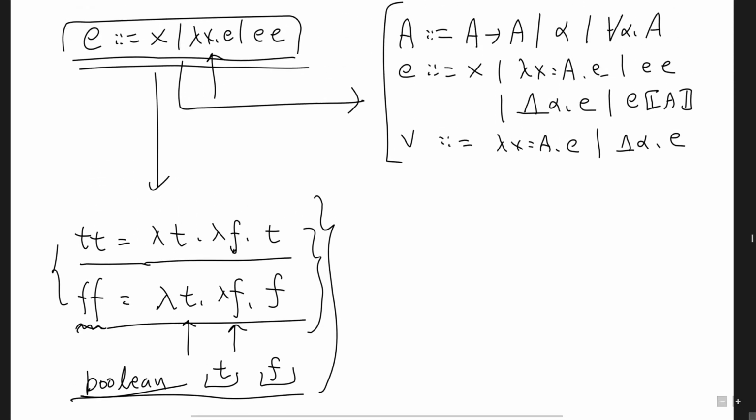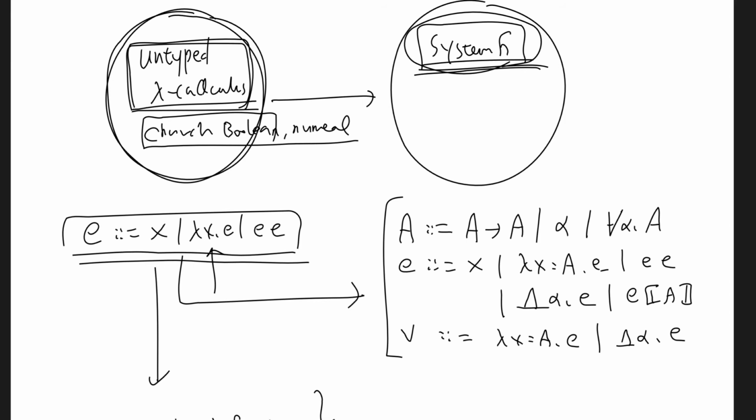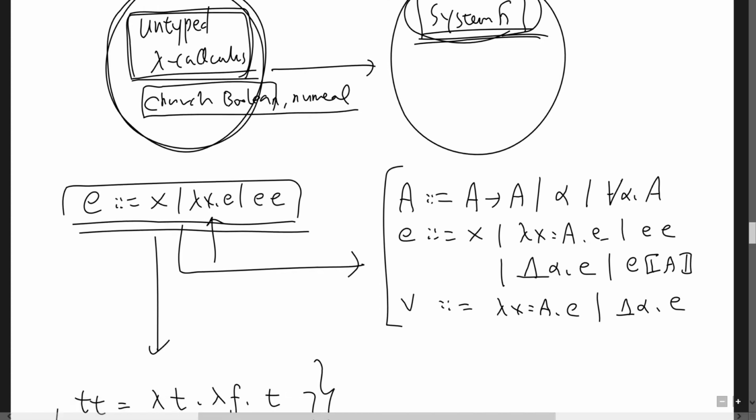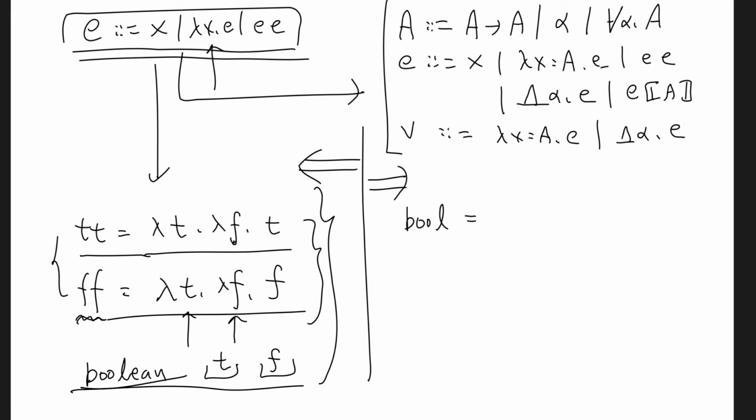But in System F, with polymorphic types, we can now express the idea behind the Church Booleans by exploiting polymorphic types. So how do we do this? So this is untyped lambda calculus, and on this side we are talking about System F. So the Church Boolean says, give me two options, and then I'm going to pick up the first one or the second one.